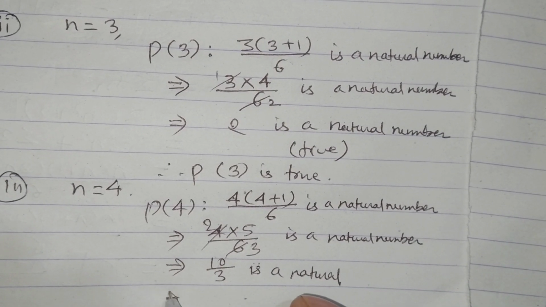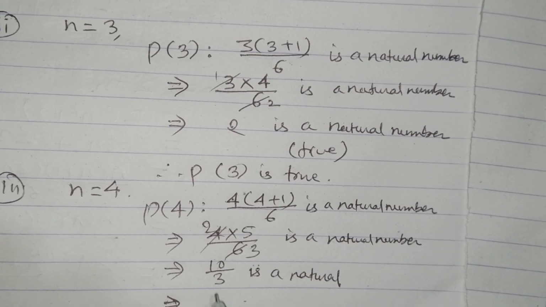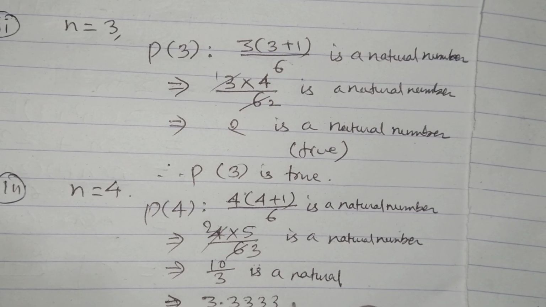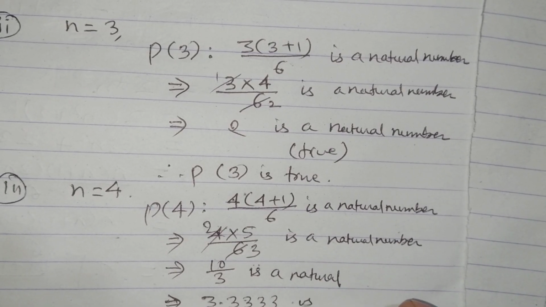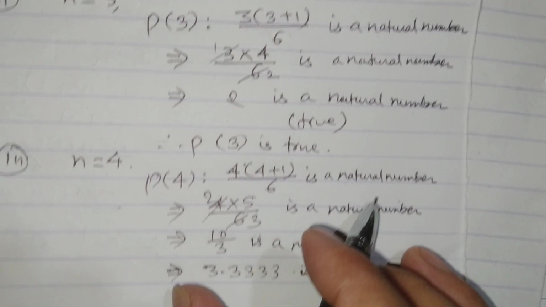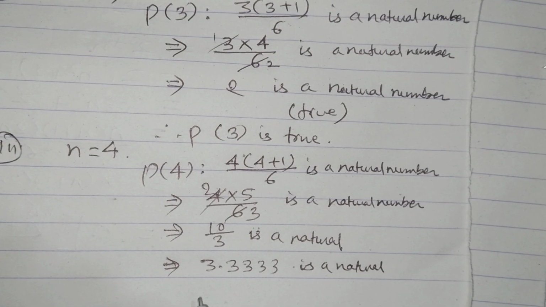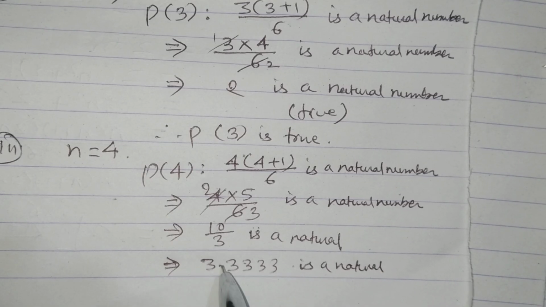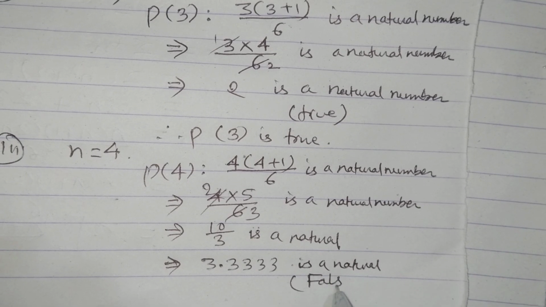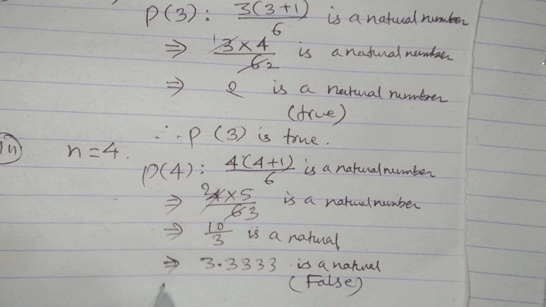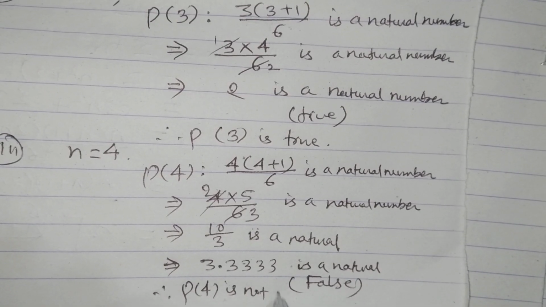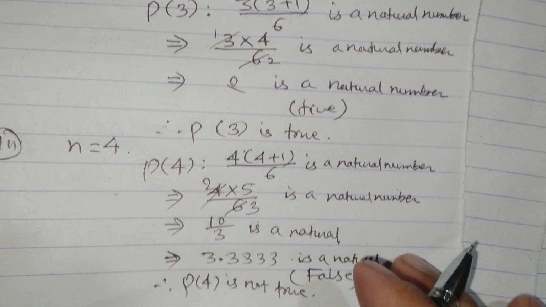But in this case the result of this is 3.333, which is a natural number? 3.333, and this is not true because it comes in decimal. So that is a false statement, so we can say that P4 is not true.